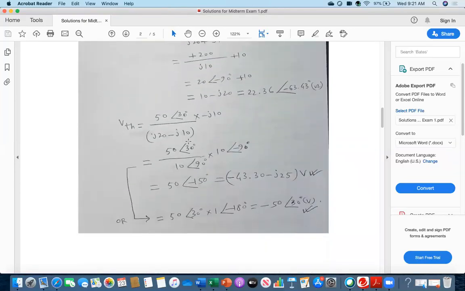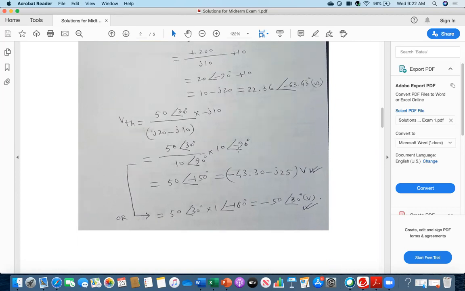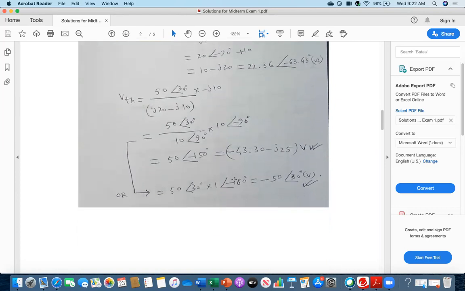If I move forward, in the denominator it is j10, so I wrote 10 angle 90, multiplied by 10 angle minus 90. You can express the result in two ways. From here directly, I have written 50 angle 30, and once it goes upward, 10 cancels, then minus 90, so you are getting minus 180.